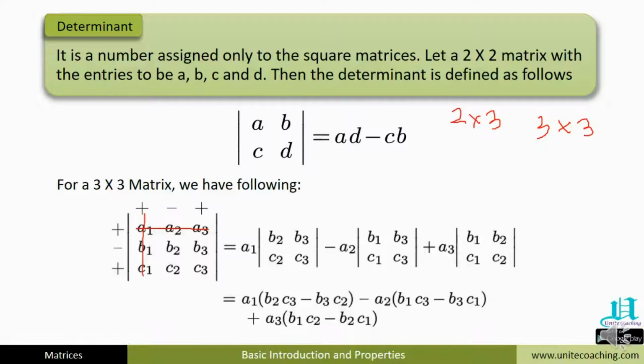So B2, B3, C2, C3 is remaining. Now for the second element we have written it.